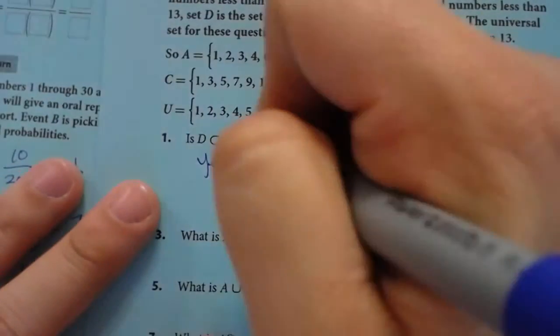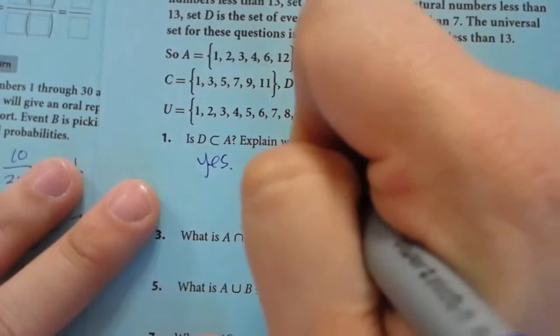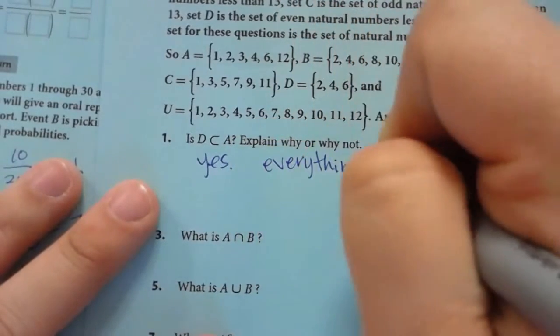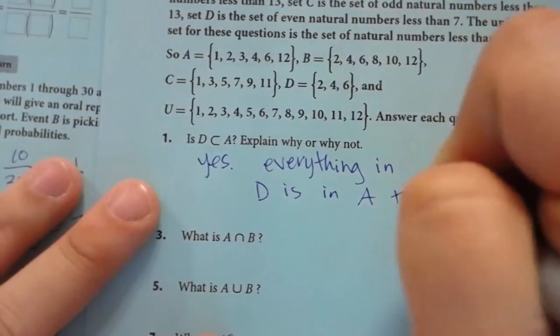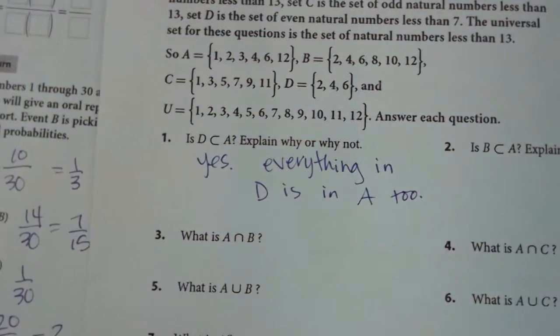Everything that's in D is in A. Now A has some extra stuff that we don't care about. Everything that's in D is also in A. So now try 2.